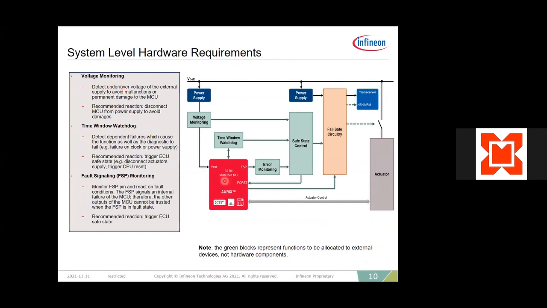For correct functioning, the device has to operate in normal operating conditions. For that, any glitches in the power supply should be monitored by an external voltage monitor. The user has to take care of any scenario where the MCU becomes non-responsive. For this, the user should implement window watchdog and fault signaling monitoring external to the Aurix.